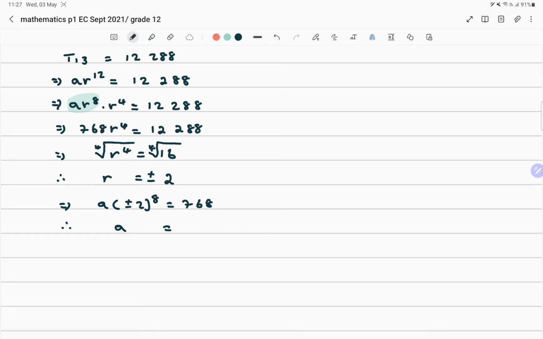So here we've got 768 divided by 2 to the exponent 8, and that gives me a 3.